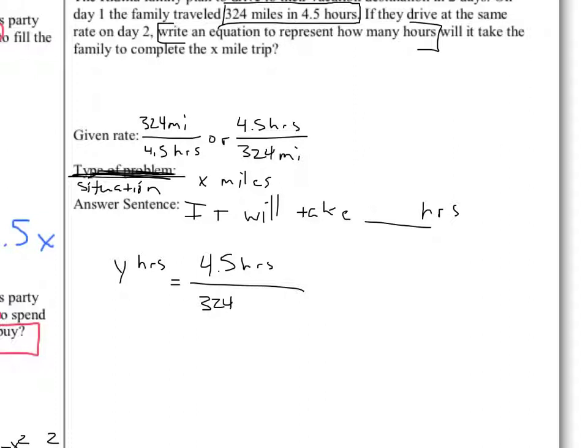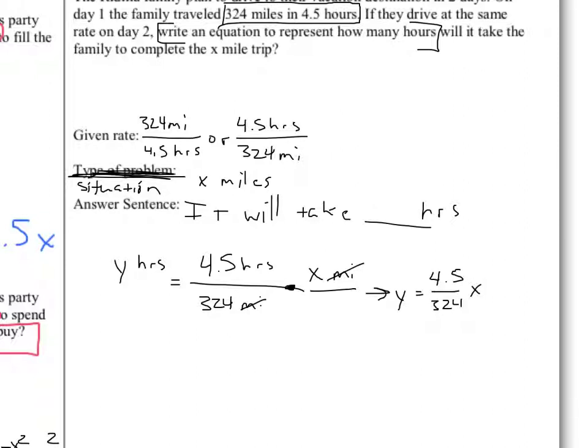4.5 hours over 324 miles. And in order to get our units corrected, we need to multiply by our x miles so that our miles and our miles cancel out. So we can write this as the equation y is equal to 4.5 over 324 times x.